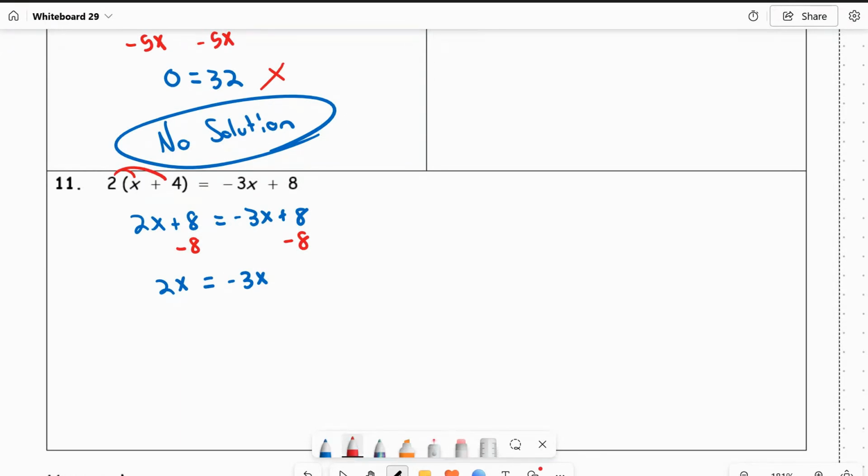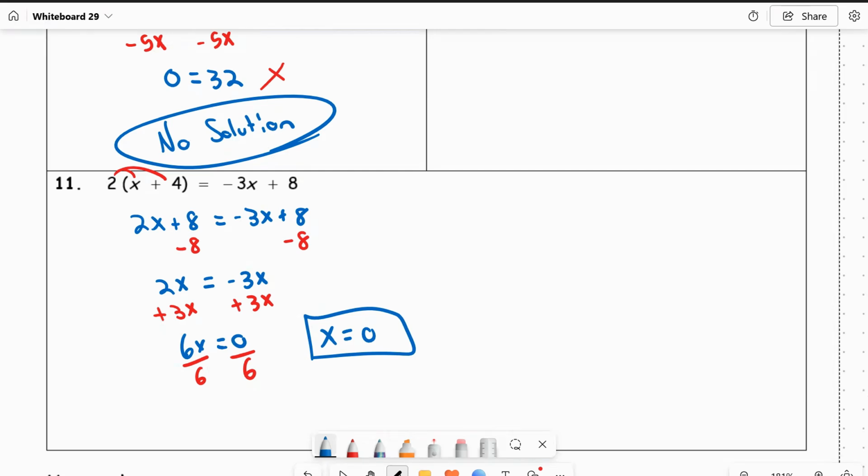From here, if I wanted to get my variables to the same side, I could add 3x to the left side, which will leave me with 6x equals 0. Obviously, I'm going to solve all the way for x, so get rid of my coefficient by dividing. And x is going to equal 0 over 6, which is just 0. So this is one of those cases where x just equals 0 because our constants cancel out.